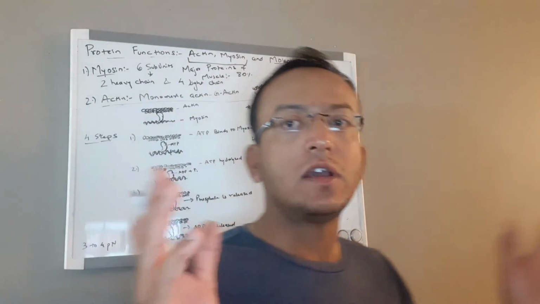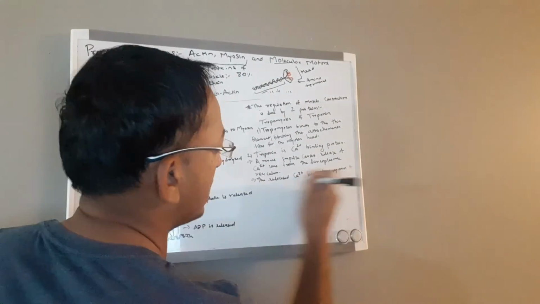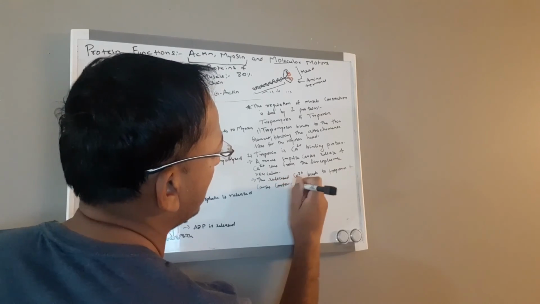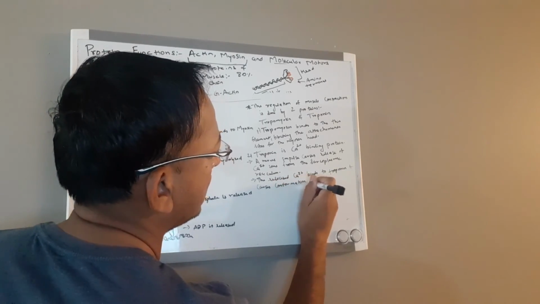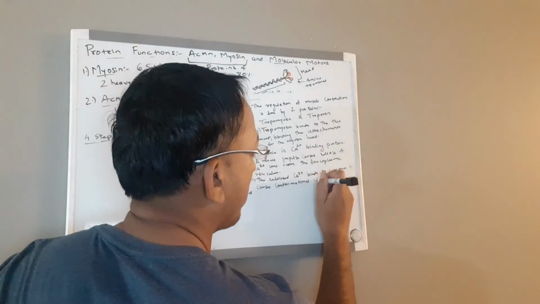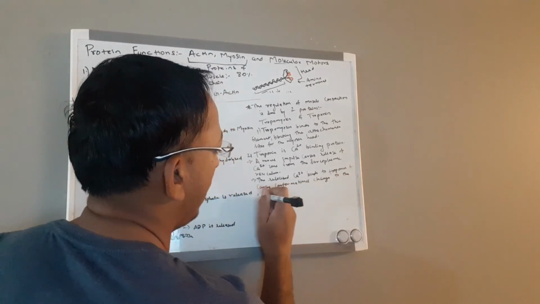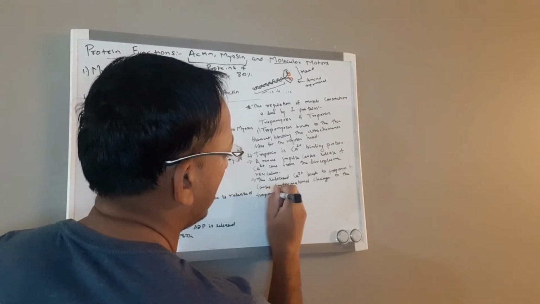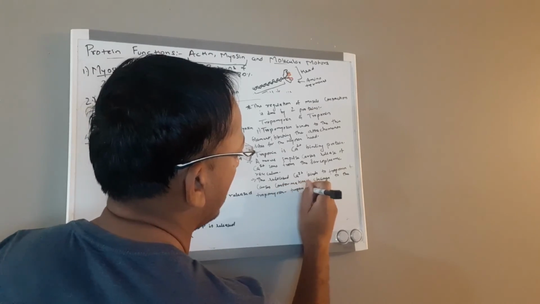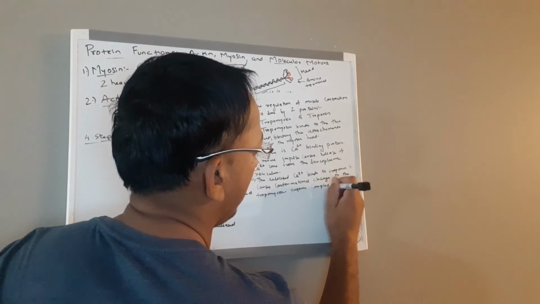This is also another protein ligand interaction, and that causes conformational changes to the tropomyosin troponin complexes, right?